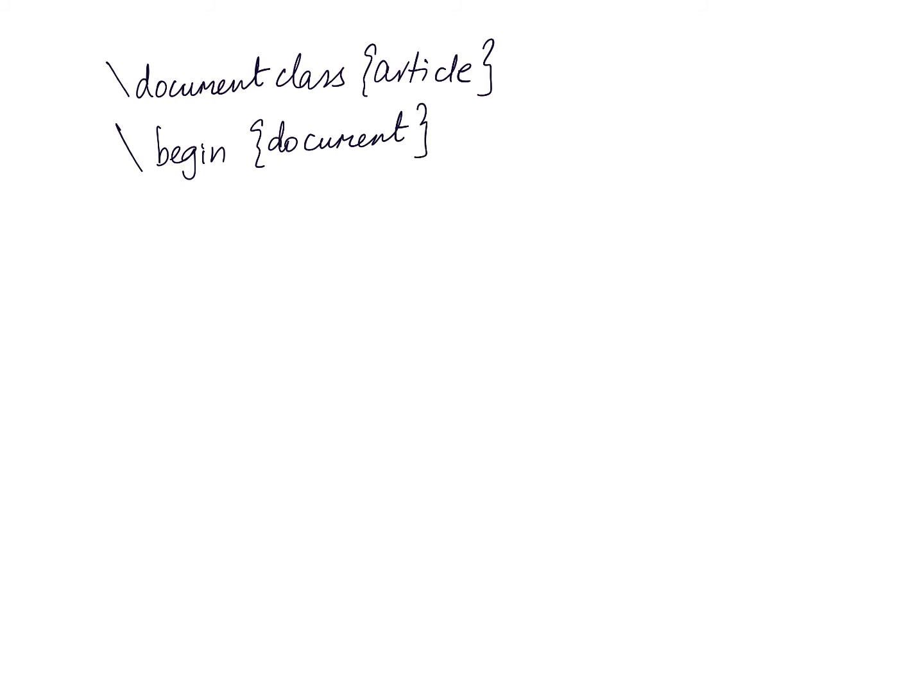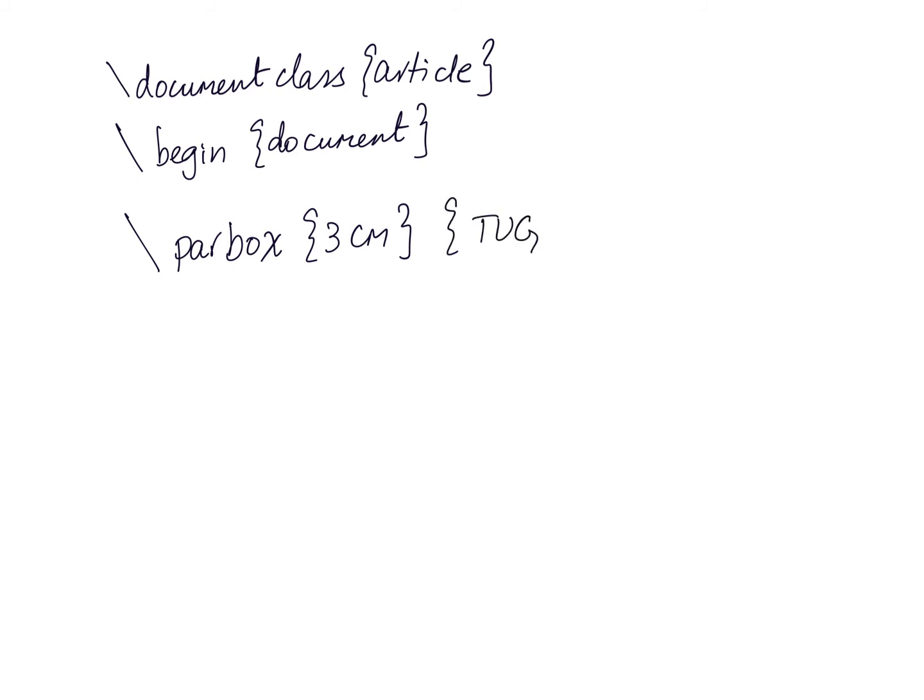Let's say we want to create a paragraph box. So we'll put parbox. This is your paragraph box. Let's say we want it to be indented or spaced at 3 cm. Let's put 3 cm.